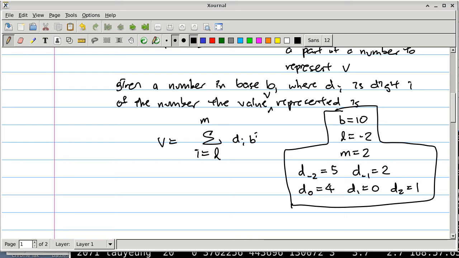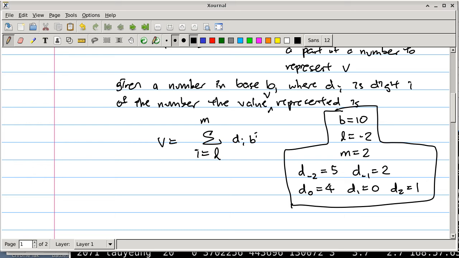And the individual digits are 1, 0, 4, and then the decimal point, and then 2, 5. Now the question is, what value is it representing? Is that okay? So we plug all of this into this equation, and then we try to figure out what V is. What do you think V is?